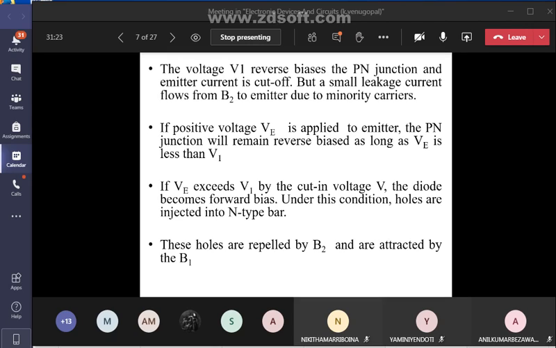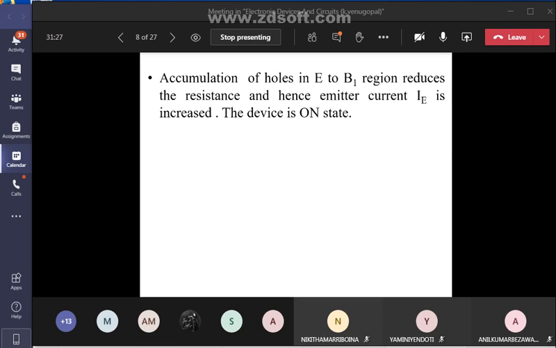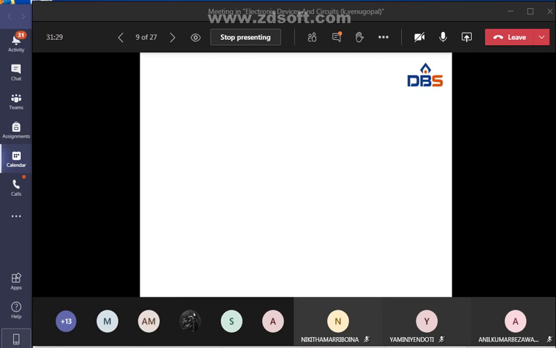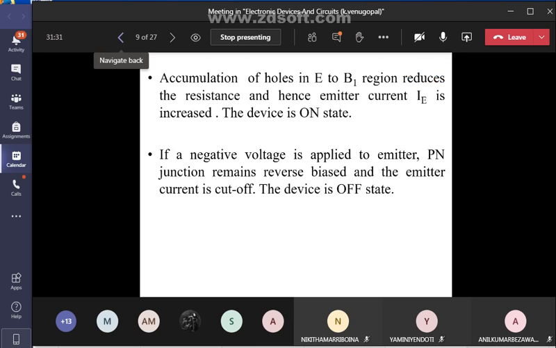So this accumulation of holes in the emitter to base 1 region reduces the resistance at base 1, and hence emitter current IE is increased.